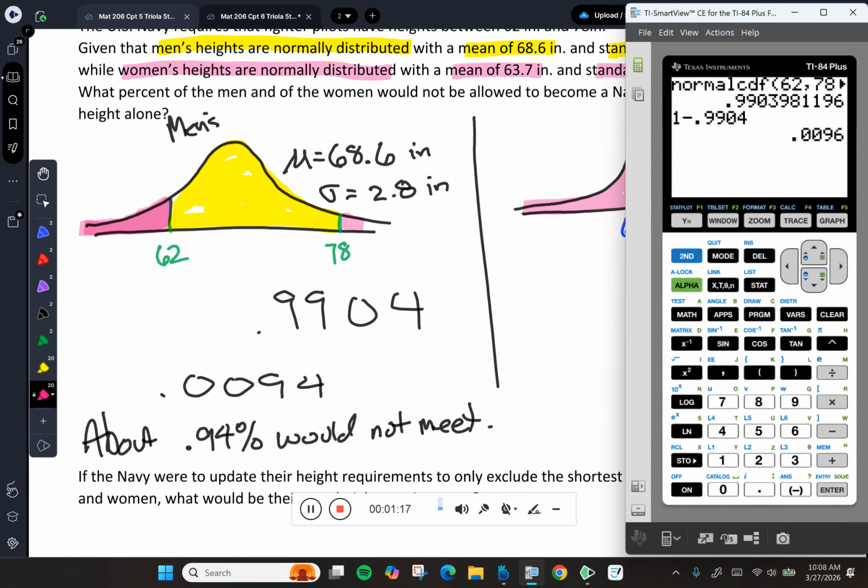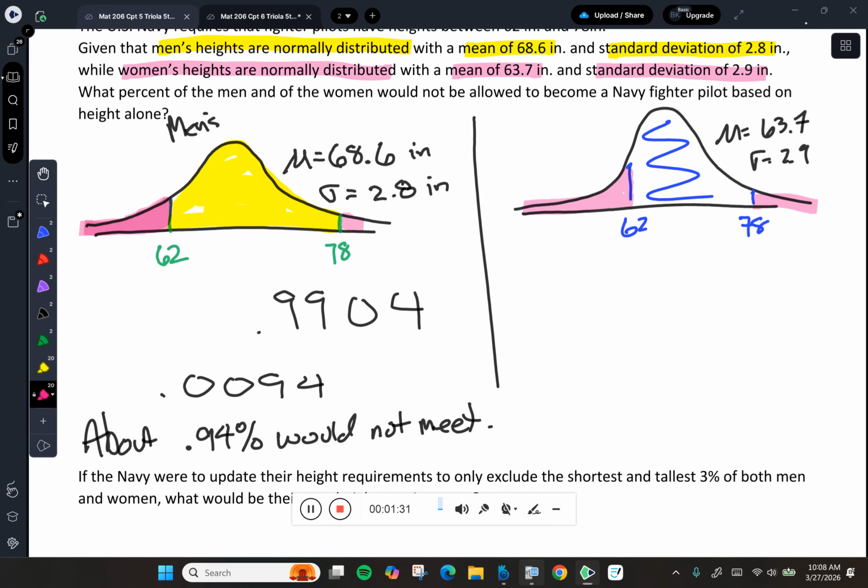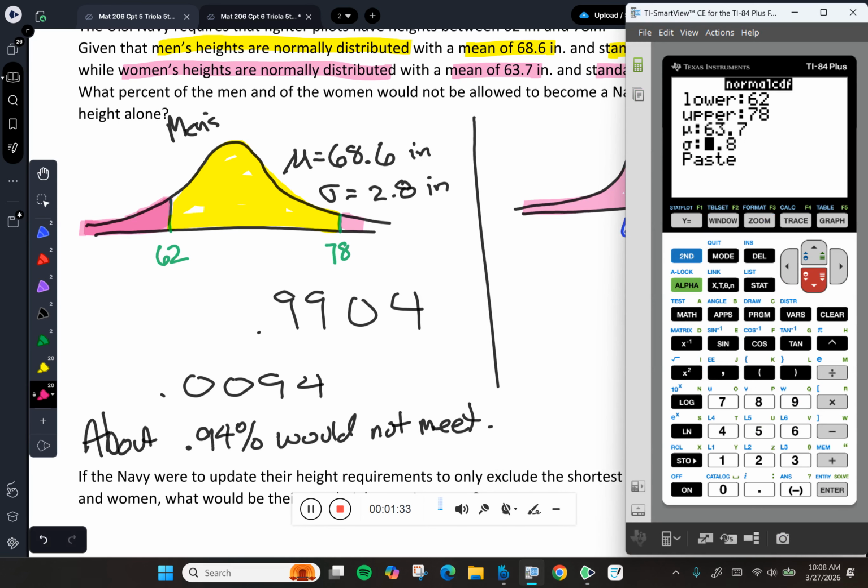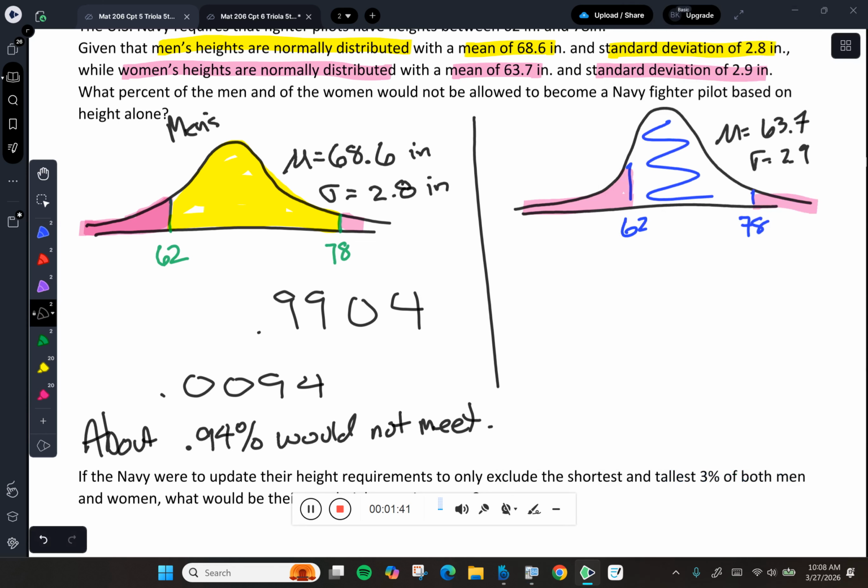So I'm going to grab my calculator, go back to my distribution menu, normal CDF, lower and upper are the same. My mean and my standard deviation are going to change this time. My mean is now 63.7 with a standard deviation of 2.9. I'll paste that back in, and I get 0.7211. So the middle is 0.7211.